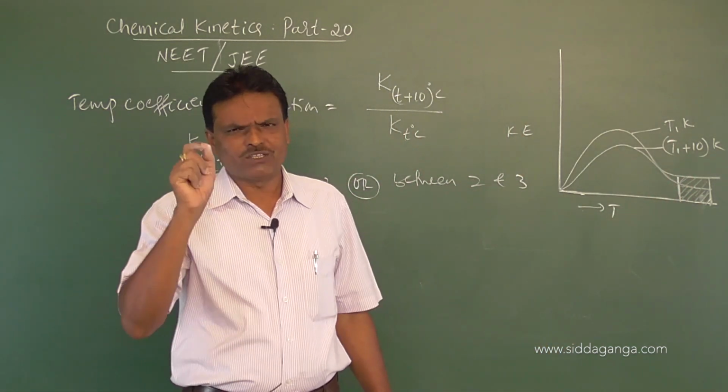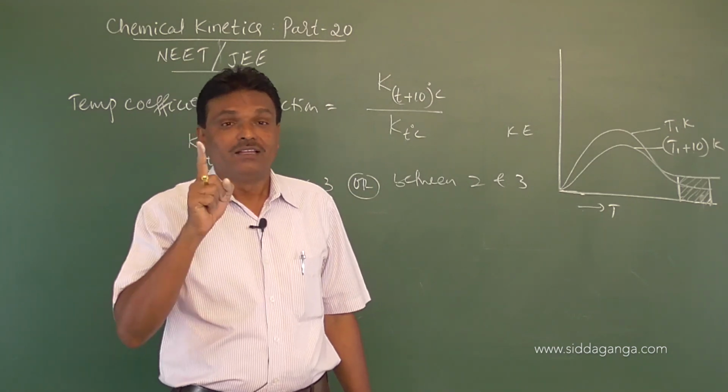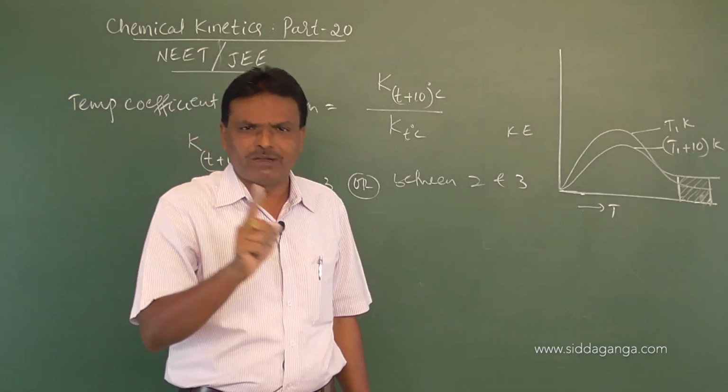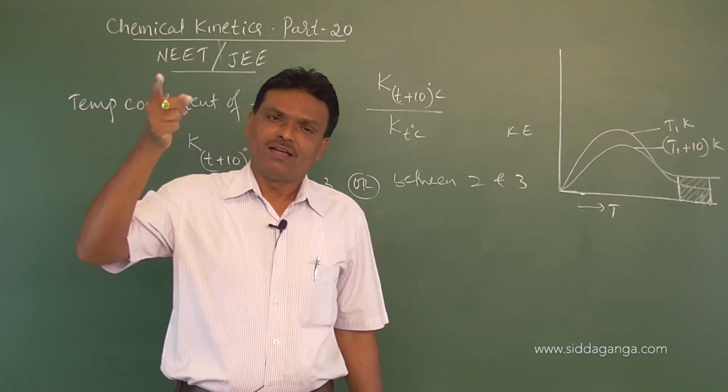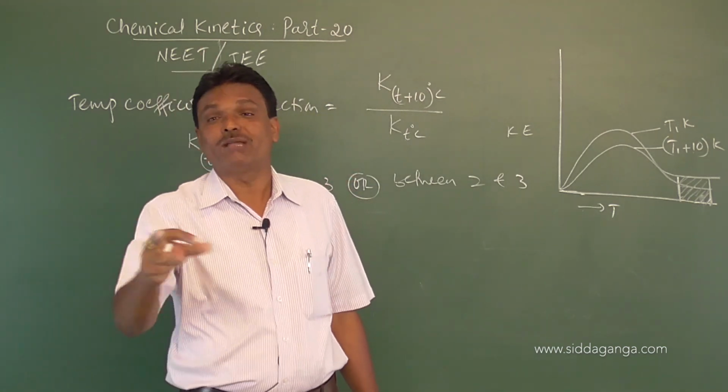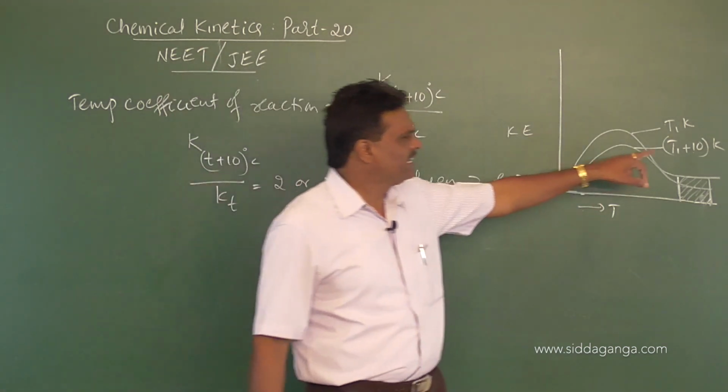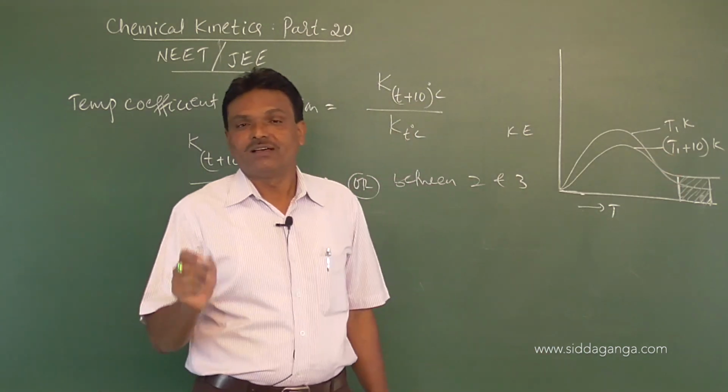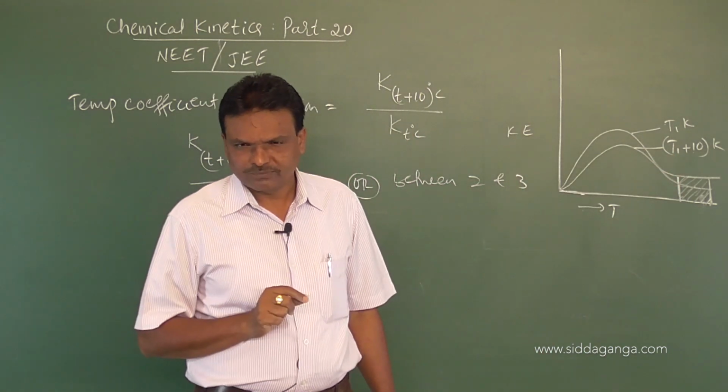So why? Because for every 10 degree rise in temperature, the number of activated molecules becomes doubled, thereby the number of effective collisions per second increases 2 times, hence rate of reaction also doubles.